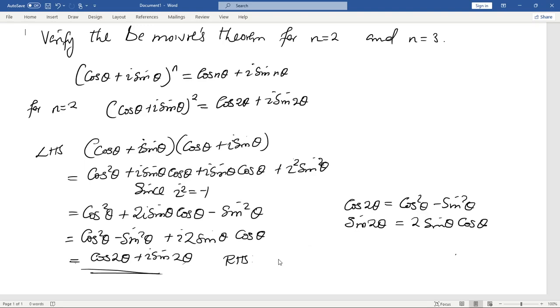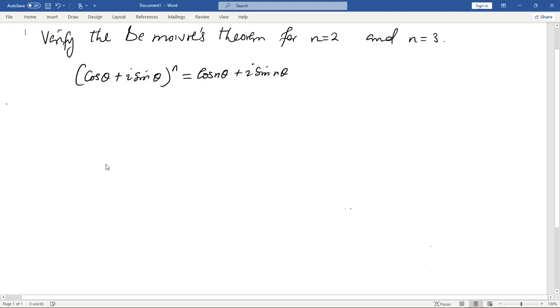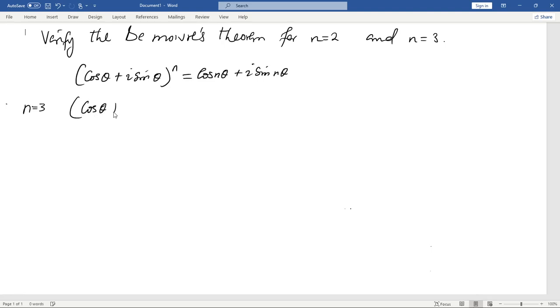Okay, let's also verify for n equals 3. So now when n is equal to 3 here, we're simply going to have (cos theta plus i sin theta) to the power 3 should be equal to cos 3 theta plus i sin 3 theta, like this here.